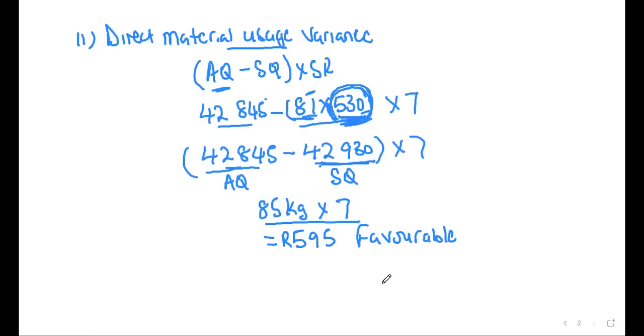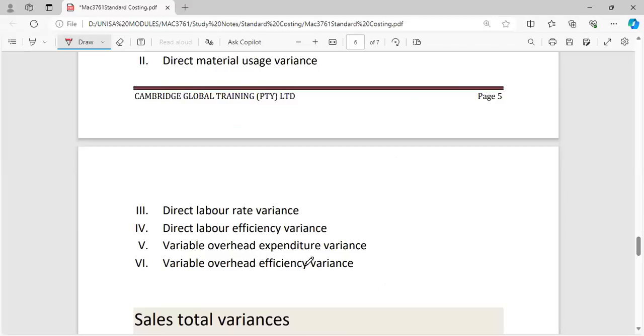Then let's look at direct labor rate variance. You see, it's still more or less the same. In our direct labor rate variance, where do we start? That's our number 3, direct labor rate variance.